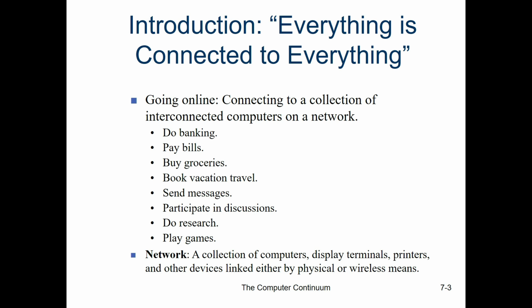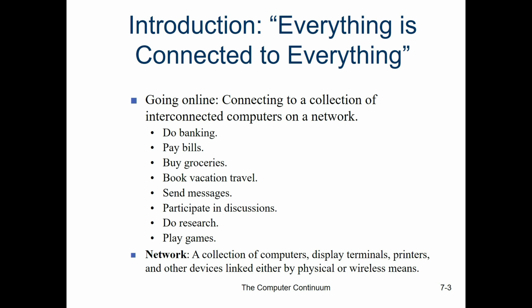When you get a collection of these interconnected computers, you can do lots of stuff. Imagine that there are a billion people on Earth, and everyone has a computer. If you want to connect with those people, it's not that difficult because everything is connected, and you can reach every person on the other side of the planet.